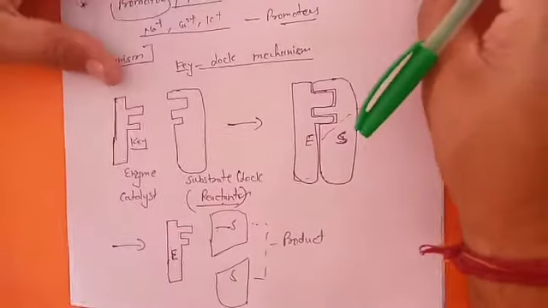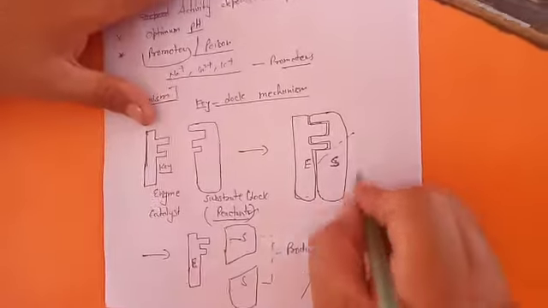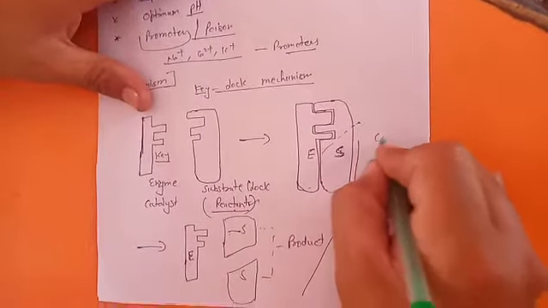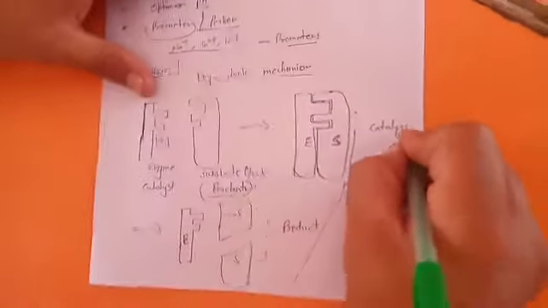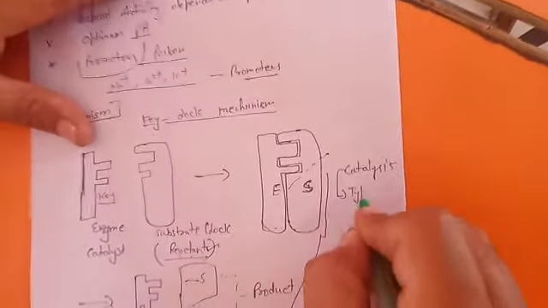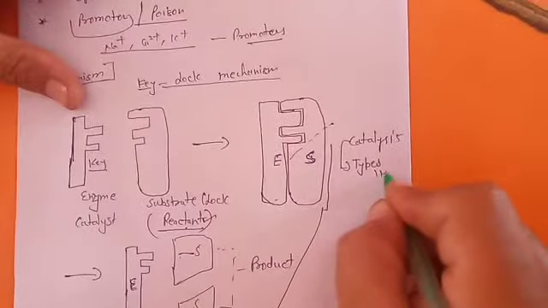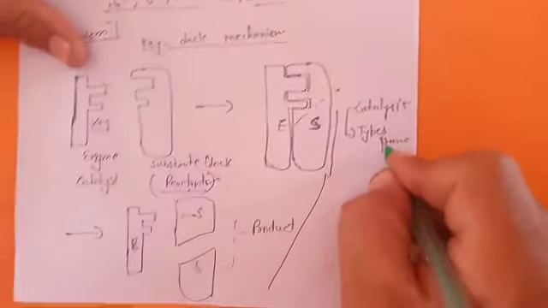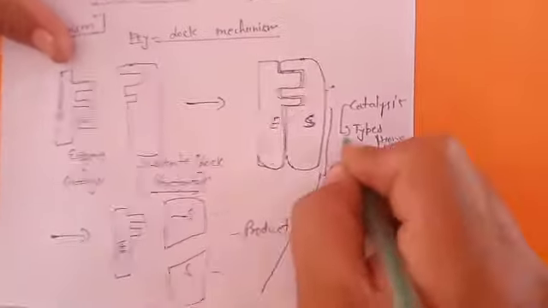So this is the total about catalysis. This whole concept is of catalysis. I am again repeating the important topics from catalysis. First, its types: two types we did, homogeneous and heterogeneous.